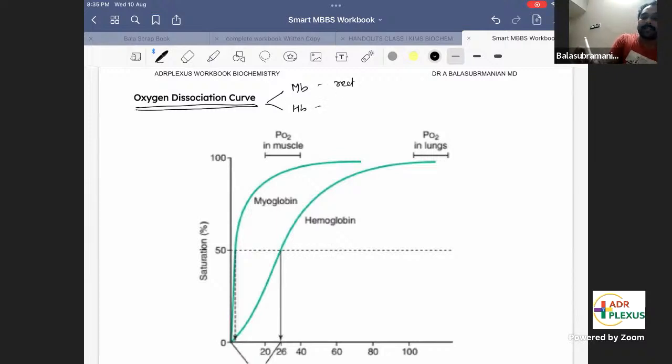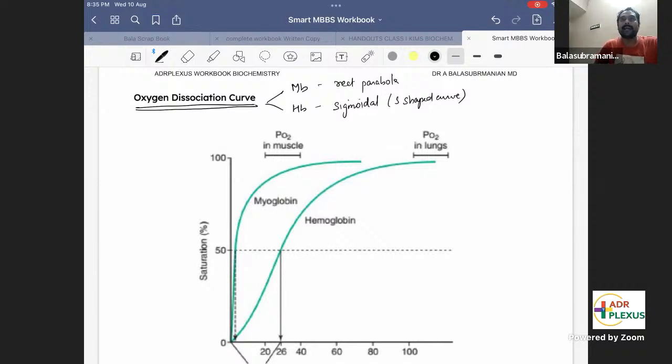The myoglobin curve is called a rectangular hyperbola. For the hemoglobin curve, anything which exhibits cooperative binding will present with an S-shaped curve, or a sigmoidal curve.